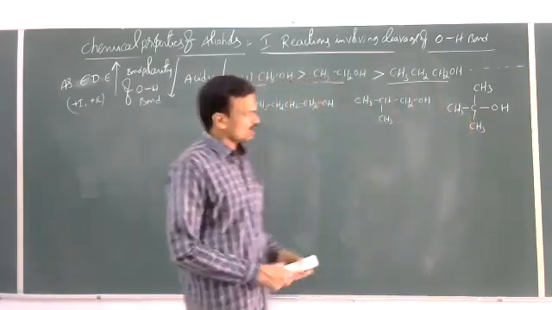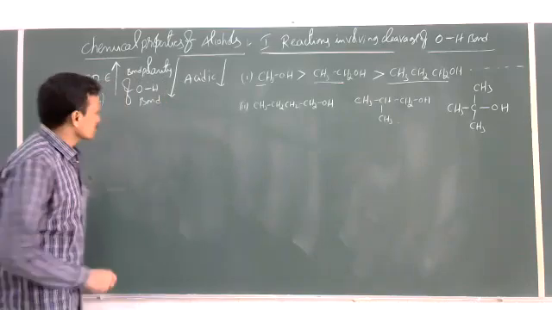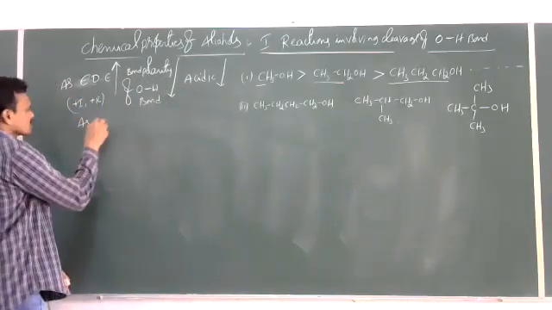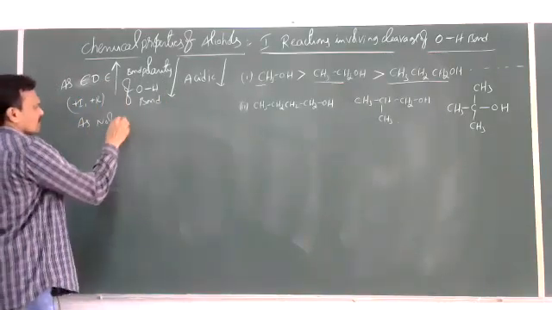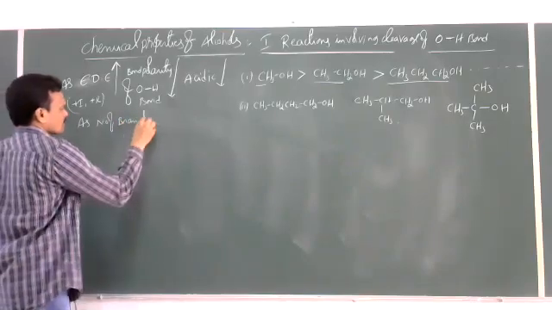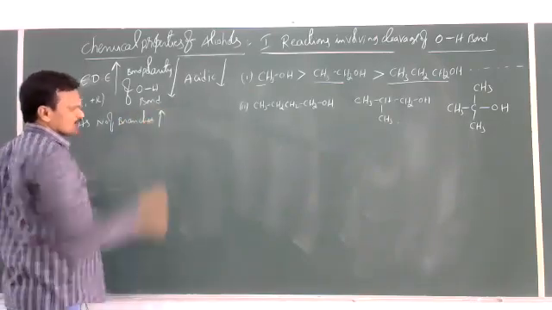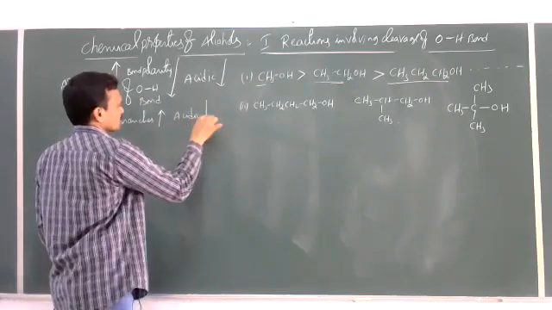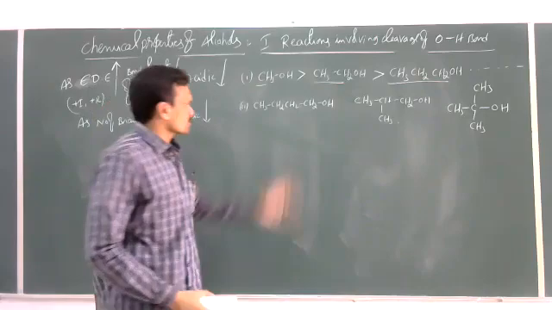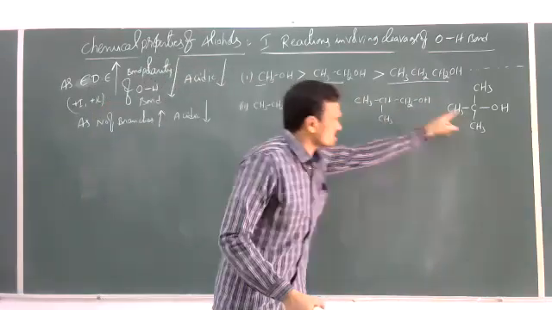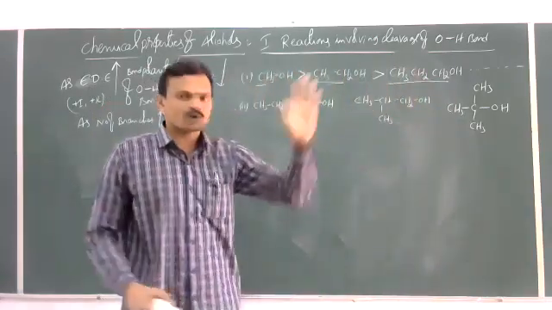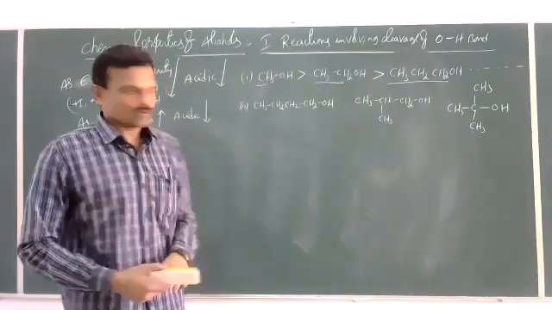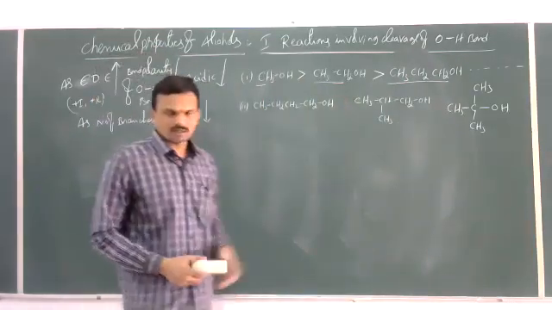Now among these three, which is more acidic? As the number of branches increases, acidic strength decreases. All these three compounds contain four carbon atoms only, but the number of alkyl branches increases.